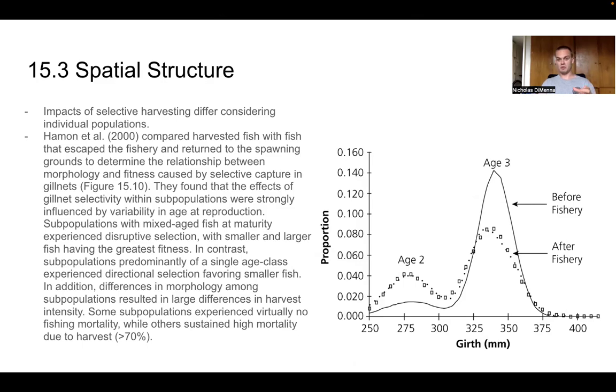And where we see spatial structure have an effect is say we have two populations of salmon. We have a population that's living in the ocean 500 miles away from the fishery, and there's one population that's only 50 miles away from the fishery. So when the salmon start their migratory cycles, the fish that are only 50 miles away from the fishery are going to get there first. They're going to get there, I don't know, say a month in advance, and most of them are going to be smaller, regardless of what their genotype is or how big they are when they're sexually mature.